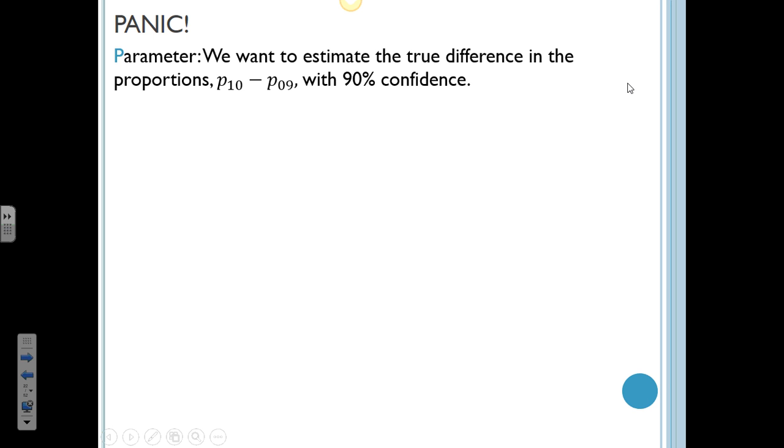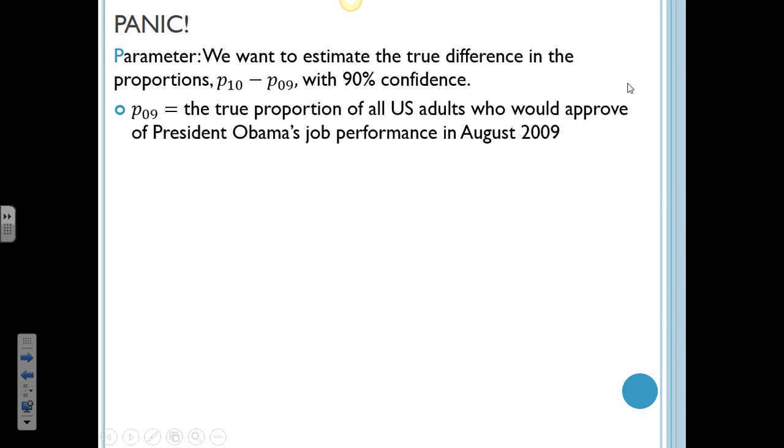So guess what we're going to have to do here? We don't have just one parameter. We have two. So we have to state both parameters, where P sub 09 is the true proportion of all U.S. adults who would approve of President Obama's job performance in August 2009. We don't want to say who approved of, because who approved of means that they were part of the sample.